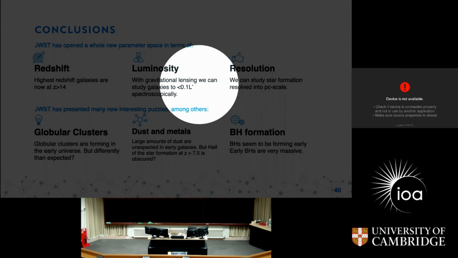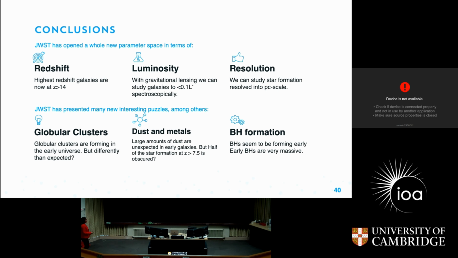With gravitational lensing, we can study galaxies that have less than 0.1 of characteristic luminosity, even spectroscopically, which is great. And we can study galaxies at super high resolution. We can resolve things at parsec, 10 parsec scales, even in the early universe. And all this information is giving us new interesting puzzles, right?